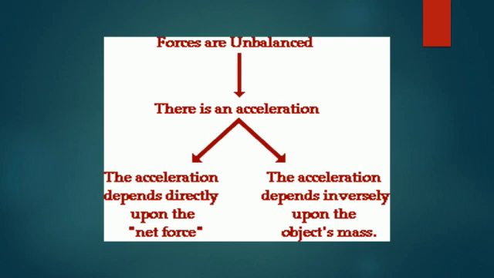And this acceleration is going to depend directly upon the total force which is applied here, and the acceleration due to the force is going to be inversely proportional to the object's mass. So in second law, there is an unbalanced force, and due to the unbalanced force the objects are going to move, and there is an acceleration, and this acceleration depends directly upon the force, and it is inversely proportional to the mass of the object.